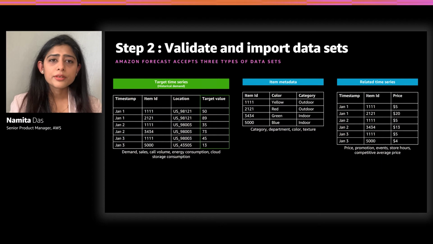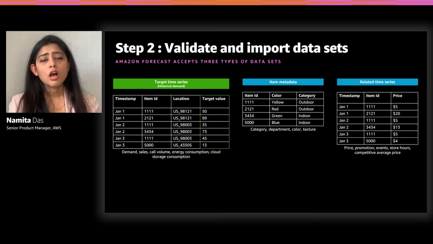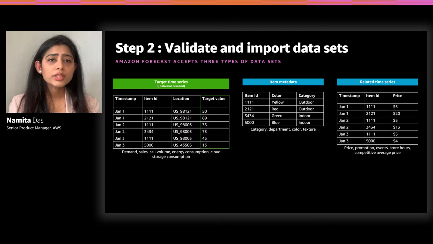Now, item metadata and related time series are optional data set. These are data sets that you can use to increase your accuracy. And sometimes they do lend more statistical power to your demand forecast. Item metadata is static in nature. It does not vary with time, and it is qualifying the items.